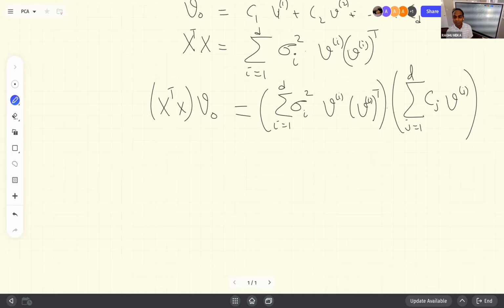Which terms would survive and which terms would disappear? Any guesses? Any i not equal to j is going to go to 0 because they're orthonormal. Right, exactly. So the singular vectors are orthogonal to each other, so when I expand them out, any i not equal to j would be 0.